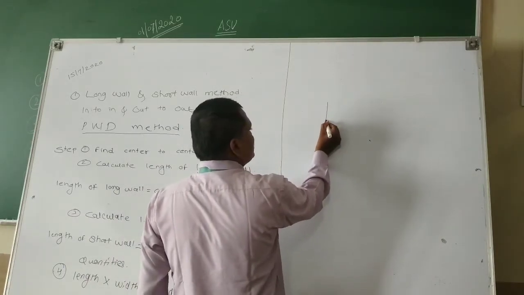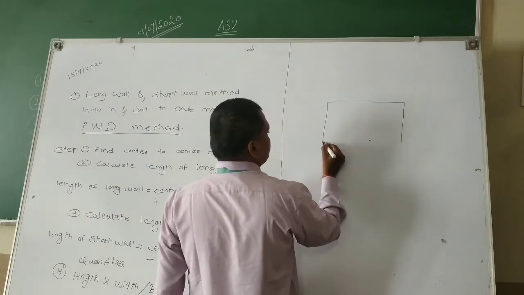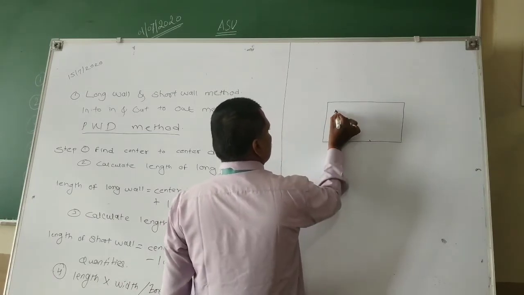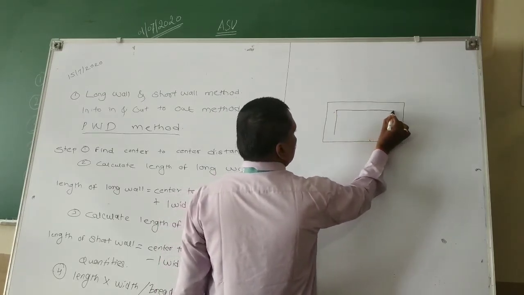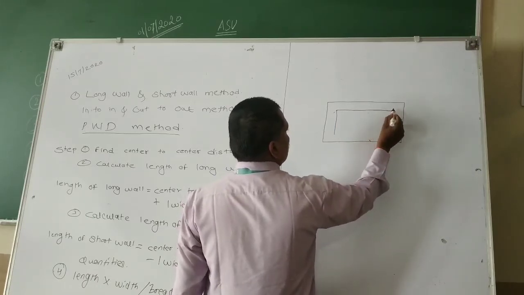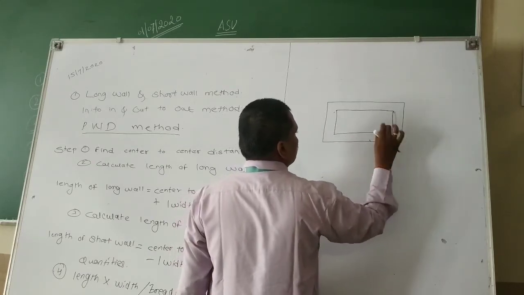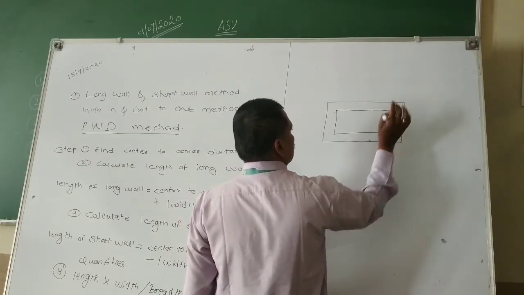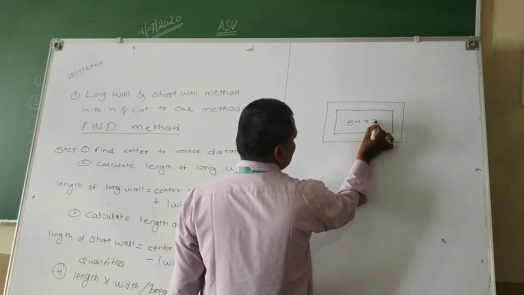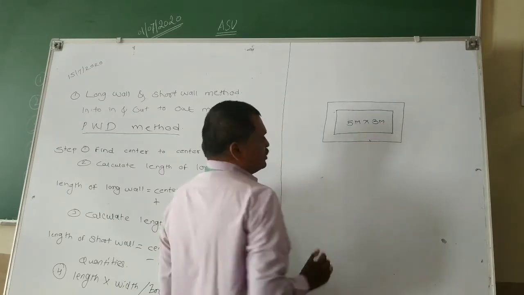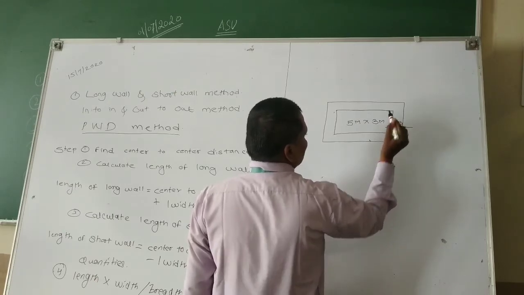This is a single room, having the dimension 5 meter by 3 meter, and the thickness of wall is suppose 0.3 meter.